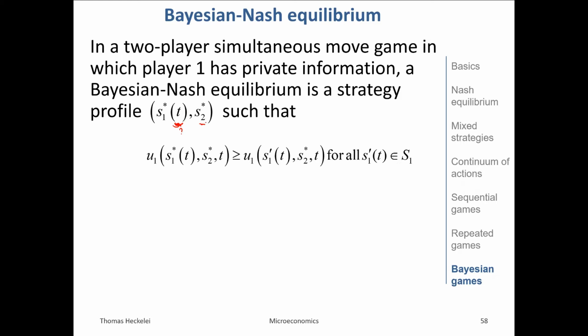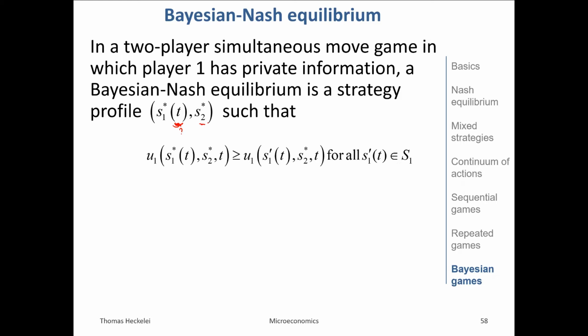And why doesn't S2* have T in there? Because it's not observable to player 2, right? So his or her strategy is unconditional with respect to T.